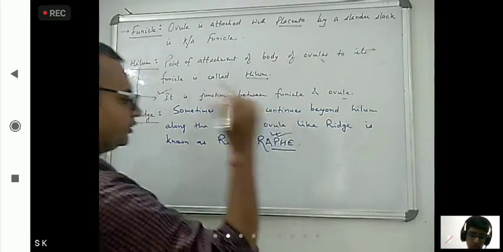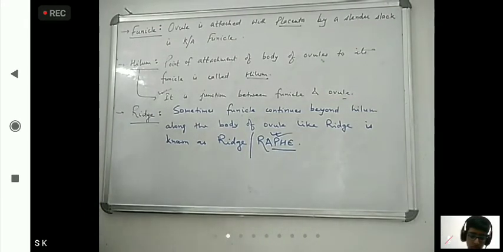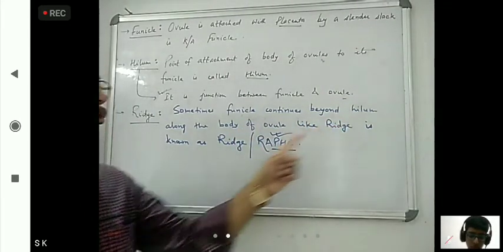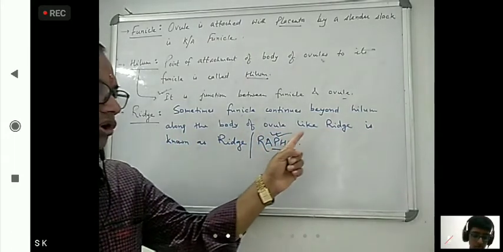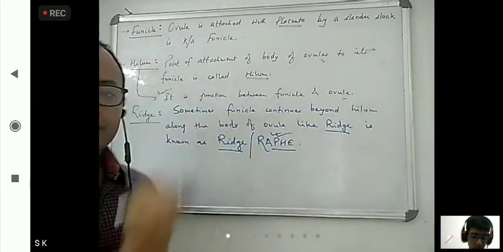So this word you have to remember. Raphe is nothing but the funicle when it continues beyond hilum along the body of ovule, like a ridge.